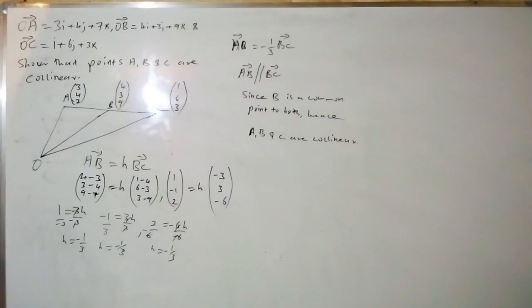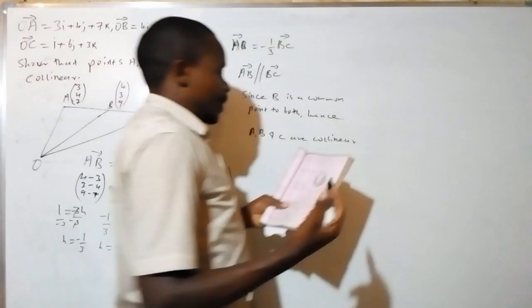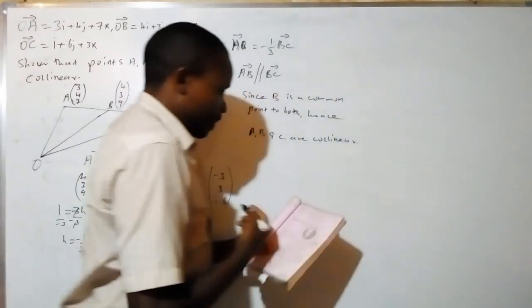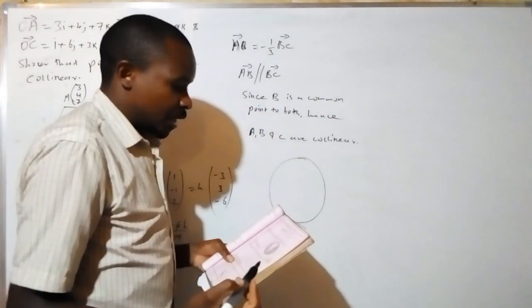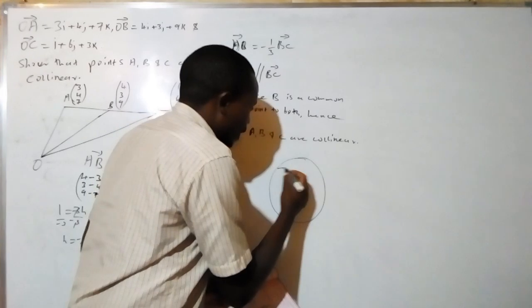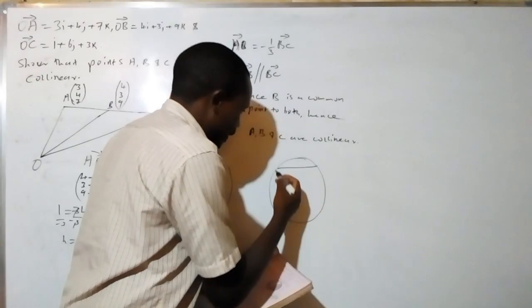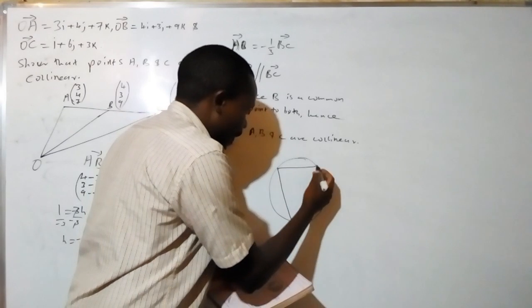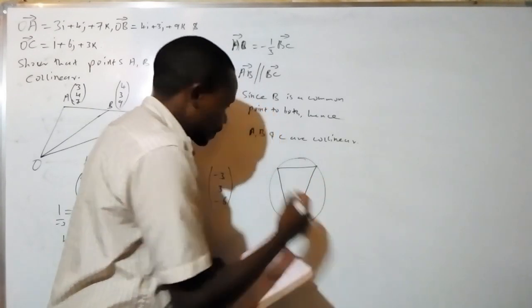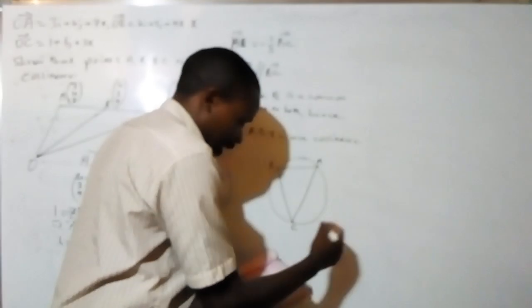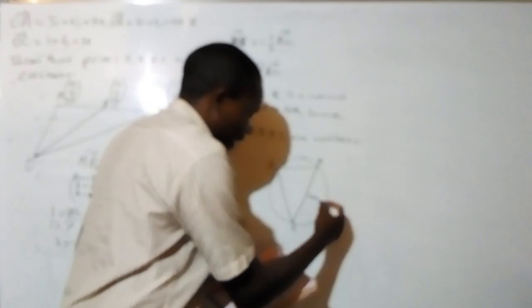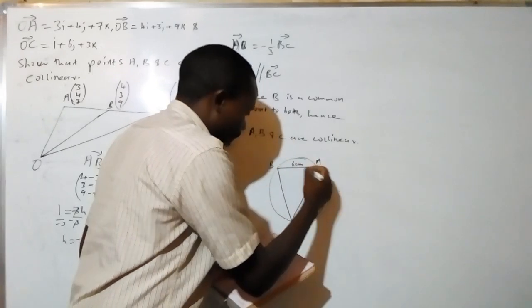Good. Next, we are given the figure below, not drawn to scale, which shows a triangle ABC with sides 10 centimeters, 6 centimeters, and 9 centimeters.